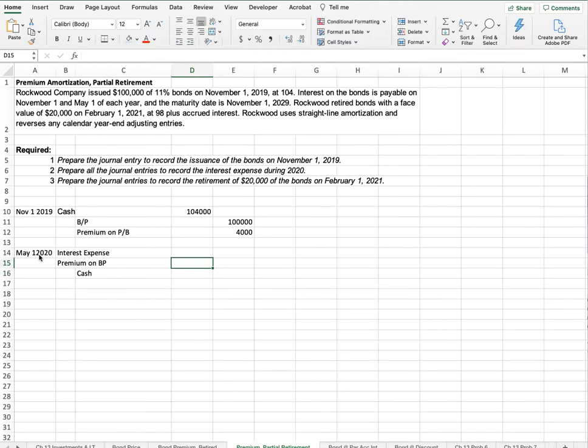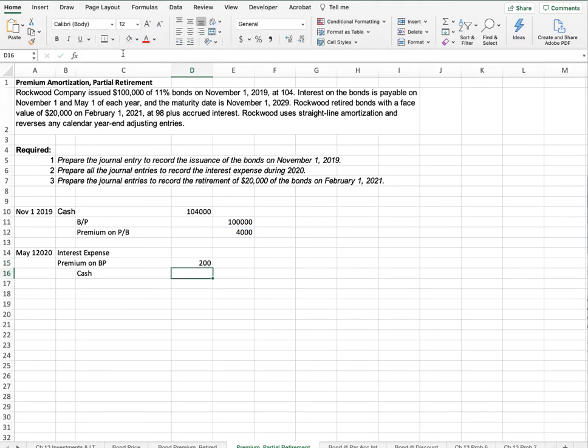And so the premium on the bonds payable is going to be equal to this 4,000, I'm going to put this in parentheses, divided by, we could say 10 years, or we could say 120 months, times 6, because it's 6 months.